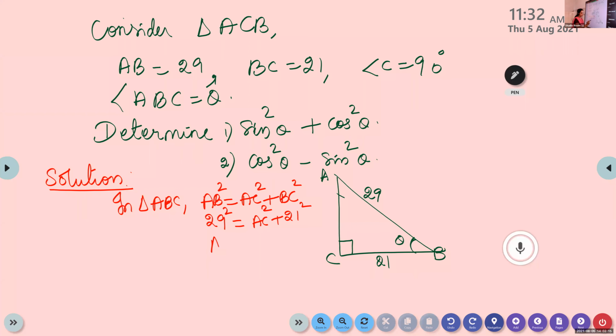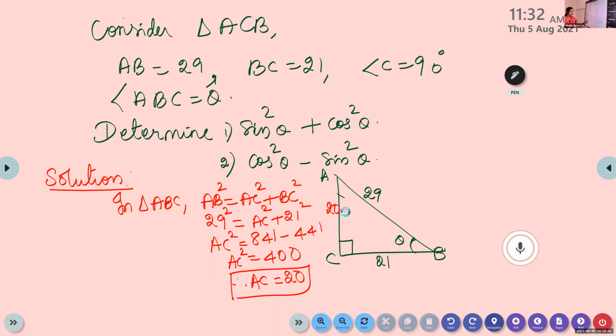Therefore AC square is 841 minus 441, which is 400. So AC is 20.